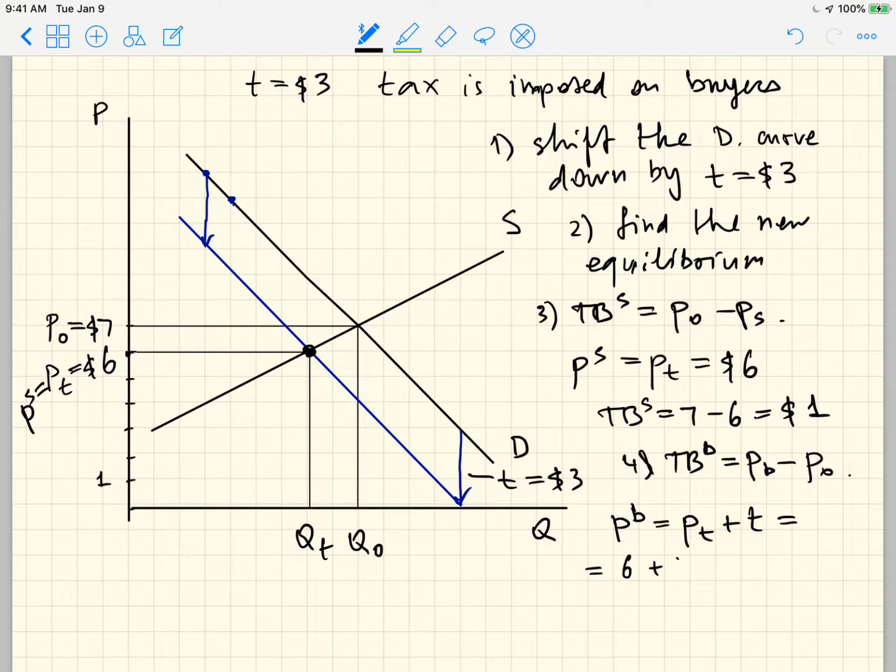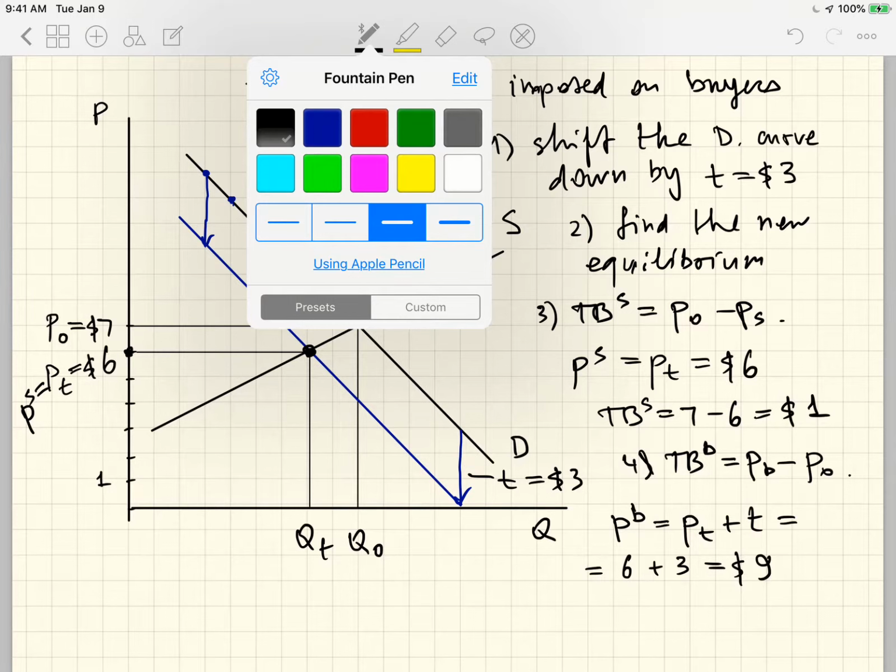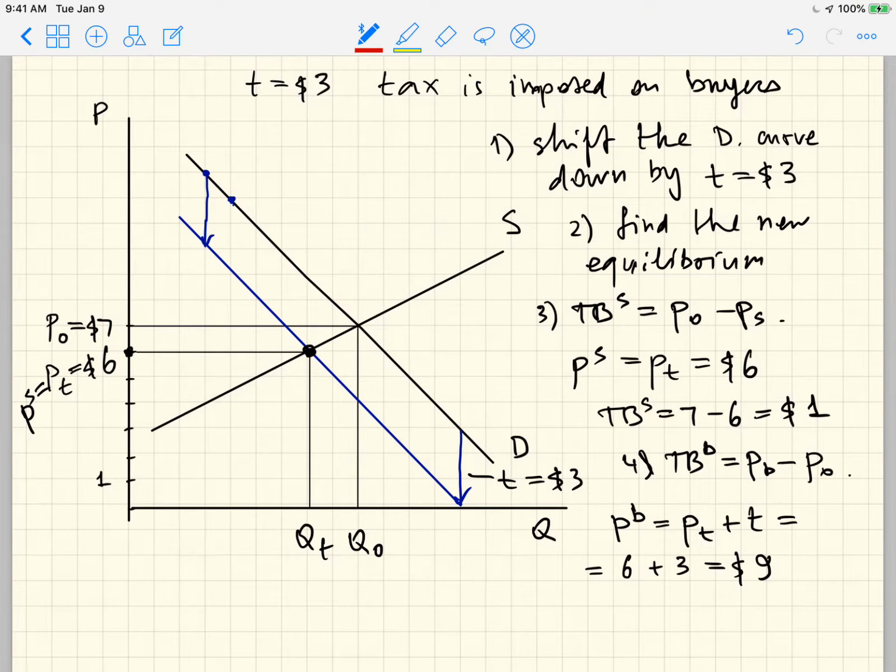Plus T, which is $3, so it gives us $9. Where do we find it on the diagram? Well, if you start from here and go up by 1, 2, 3, this is our PB, which is $9.